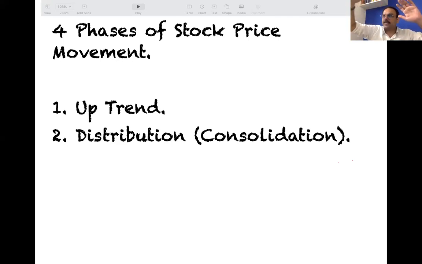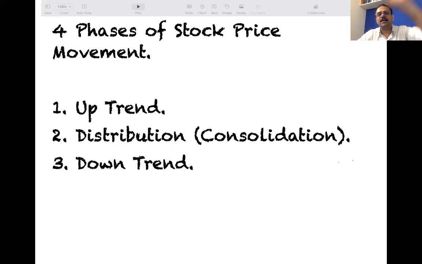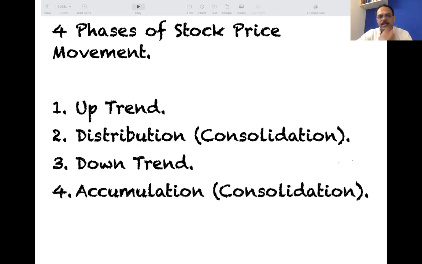Sometimes it will go up further or it will come down. After an uptrend there is a likely possibility of distribution. We will go through distribution, the psychology behind it, and how we can identify it. Then the stock may come into a downtrend, and once it comes into a downtrend, there is accumulation. We are going to understand the accumulation phase and the distribution phase next Thursday. Today is for the basics.